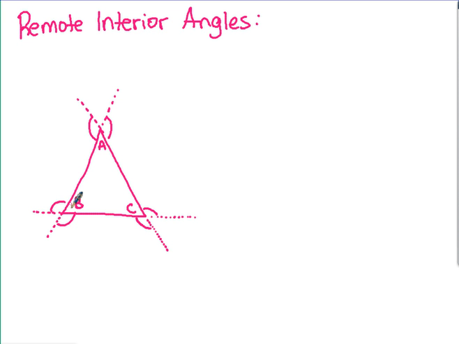The remote interior angles are on the opposite side of the measure of the interior angle that you're finding. For example, the remote interior angles to C are A and B because they're opposite of the interior angle that you were looking at.